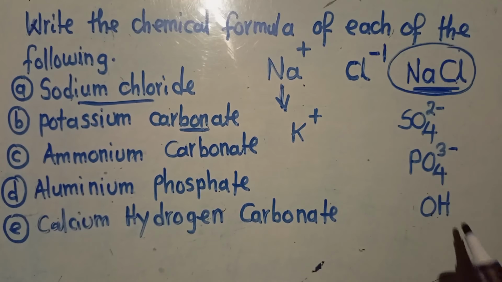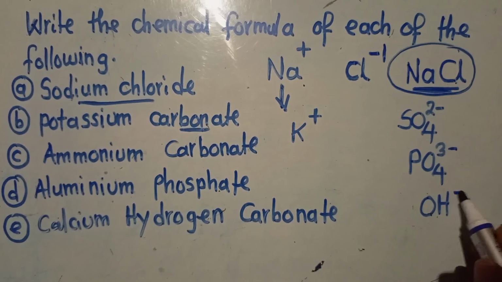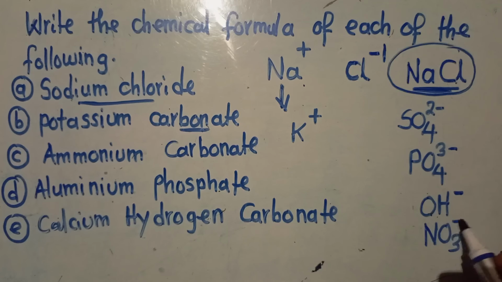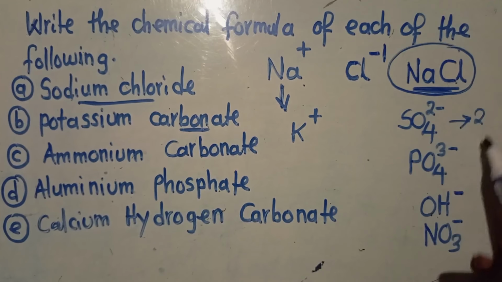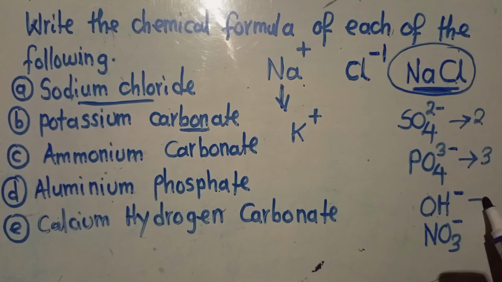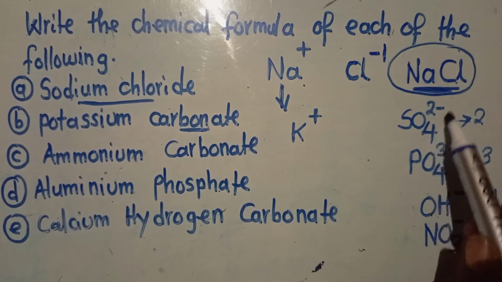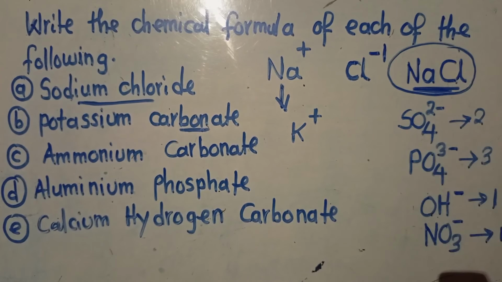This is also a radical. It has got a negative there. You also need to know that we've got a nitrate there. Then we've got a negative there. These are just examples. So the valence for this one is 2. The valence for that one is 3. The valence for this one is 1. The valence for this one is 1. So you just treat the whole thing as 1.